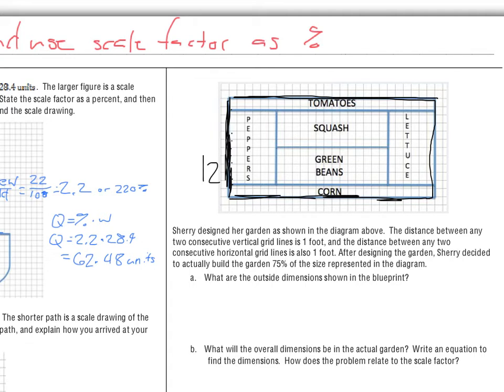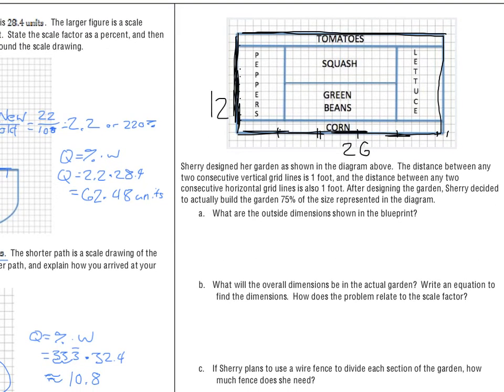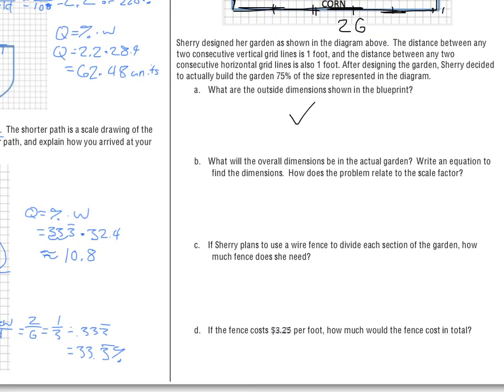It is 12 by 5, 10, 15, 20, 25, 26. 12 by 26. All right, check what are the outside dimensions. 12 by 26. What will the overall dimensions be in the actual garden?